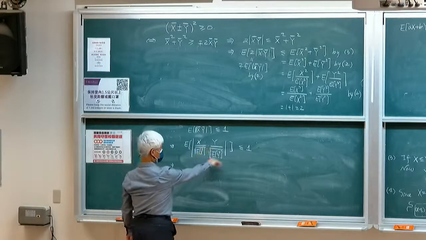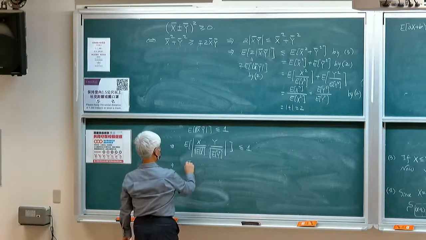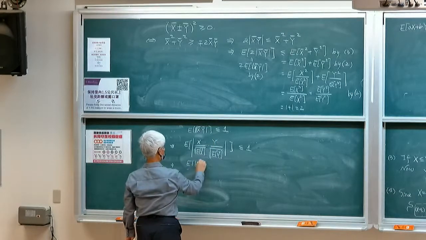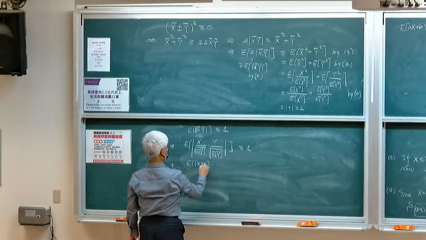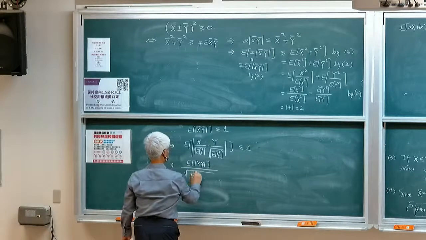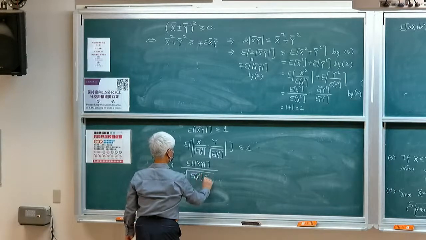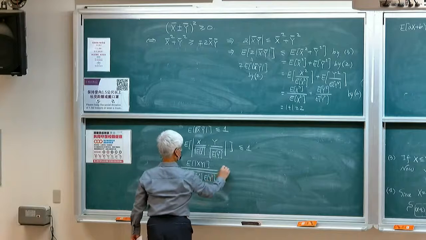Now, by property 2, you have expectation of x, y. And here you have E x squared, E y squared, less than or equal to 1.